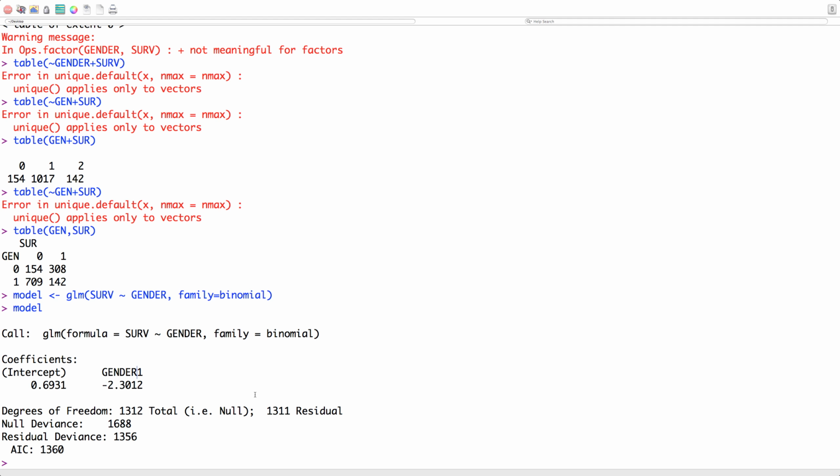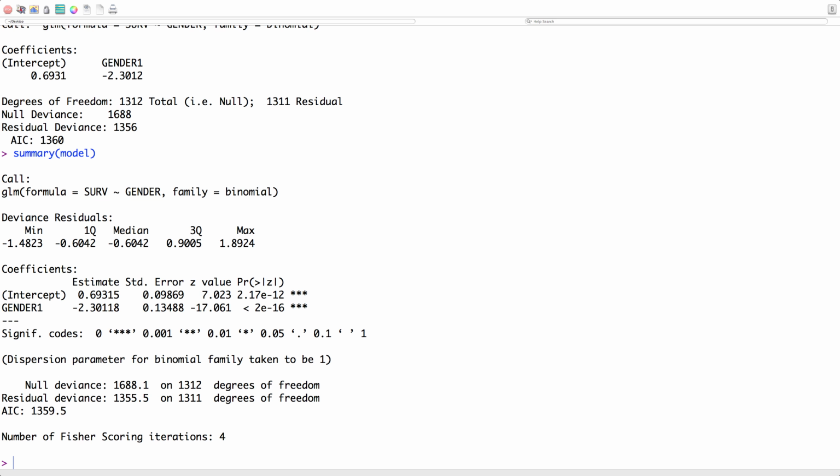We can get a little bit more information here. We can go summary model. And I'm going to talk more about the deviance residuals in the next video. I intended to talk about it here, but it didn't work out that way because I'm restricted with time.